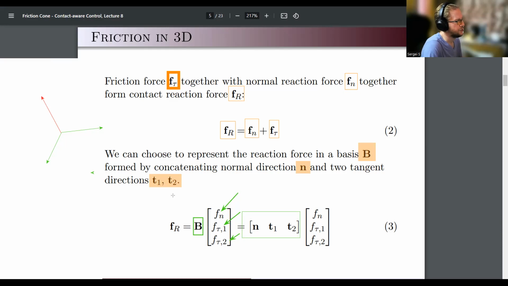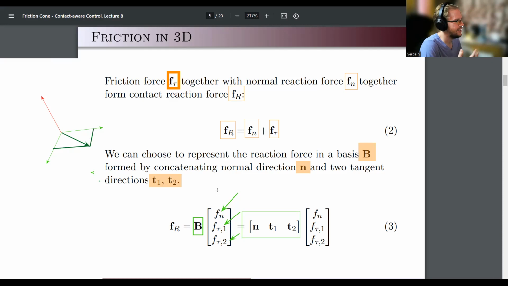So together they represent coordinates on this green plane. They represent the friction force itself. Let's say here's the friction force. Coordinates of this friction force would be tau 1 and tau 2. So you can say they represent direction and magnitude of the friction force.